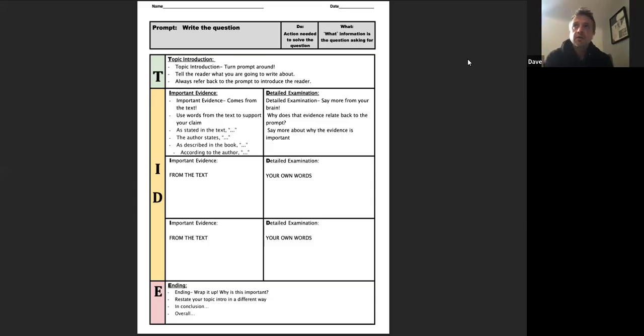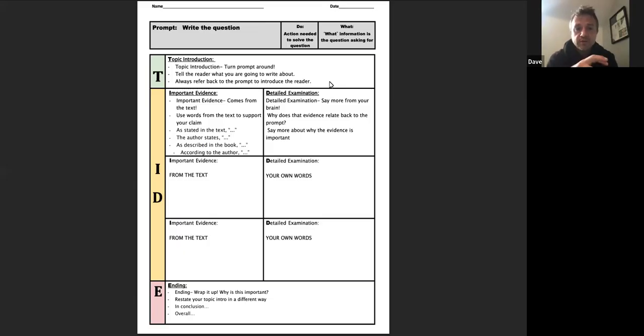So my what would be oranges and apples. For writing, it could be people respond to natural disasters. What is the author's point of view? Okay. So we have different whats, but the do is the action, and the what is what are they asking me about? Okay.